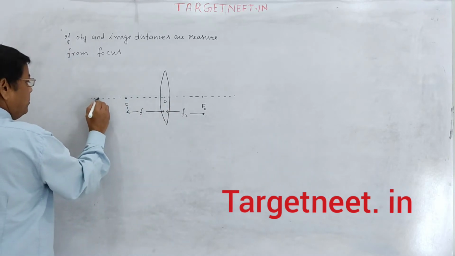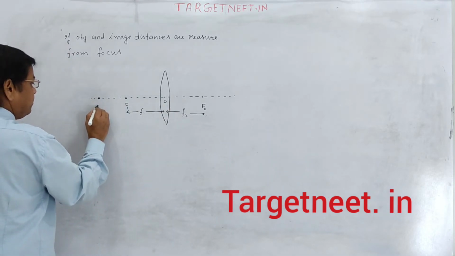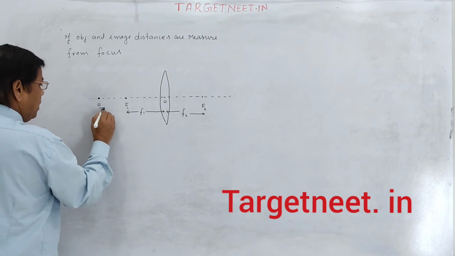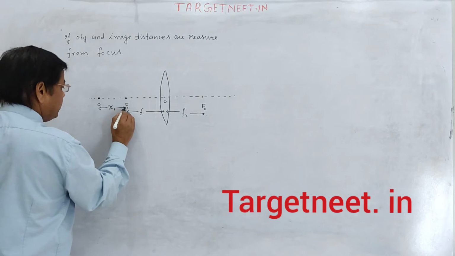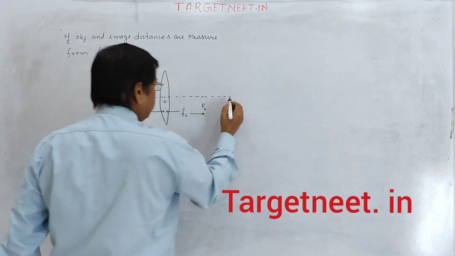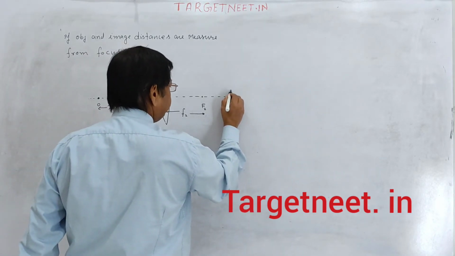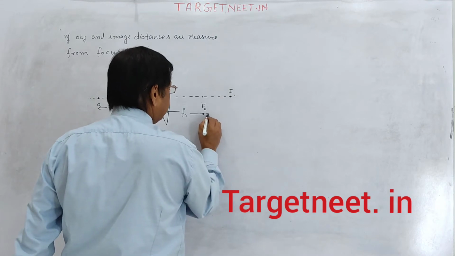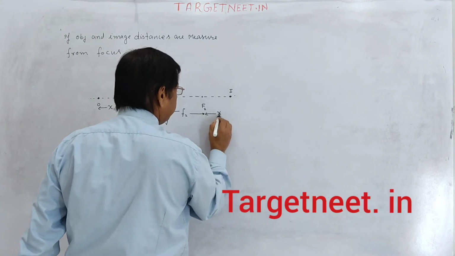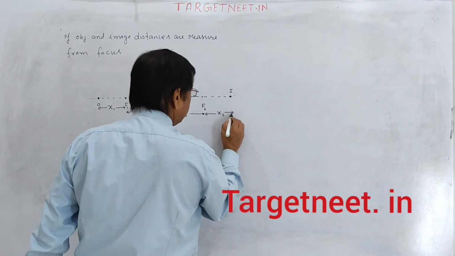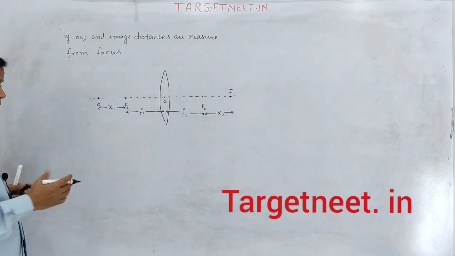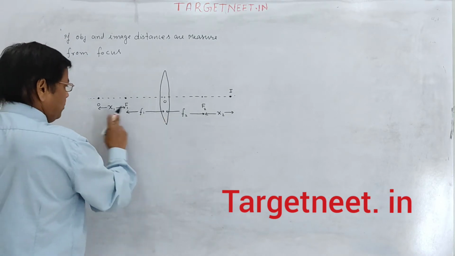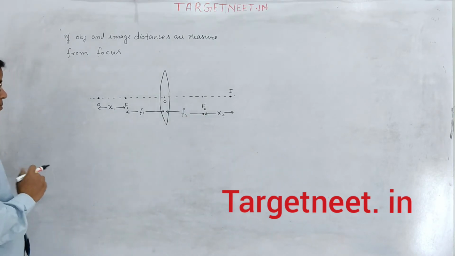Now if I take the object somewhere here at distance x1 from f1, and suppose the image is formed somewhere here at distance x2 from f2, then what is the relation between f1, f2, x1, x2 that we want to find.